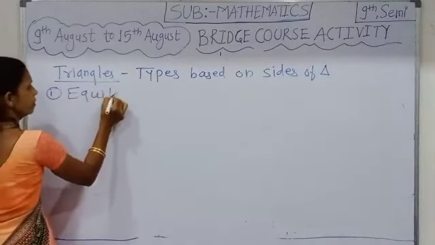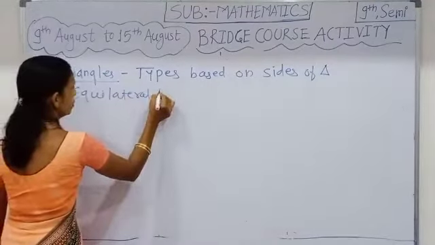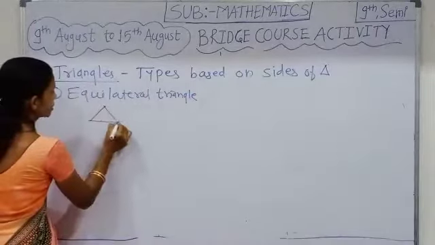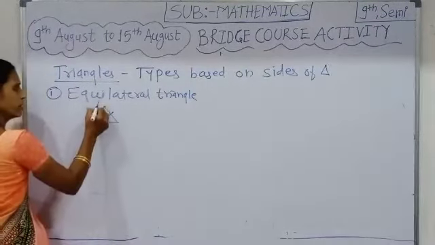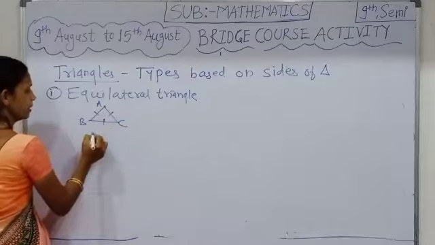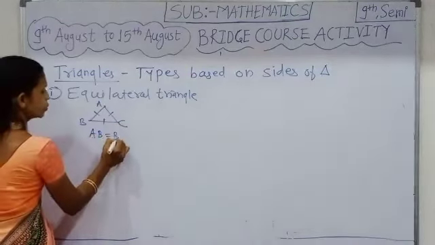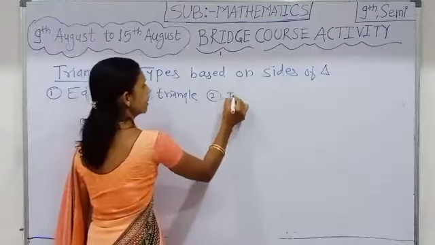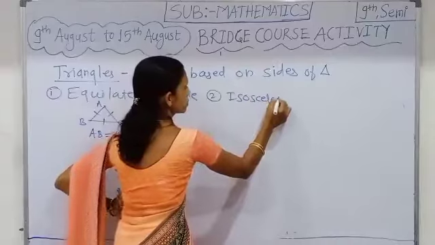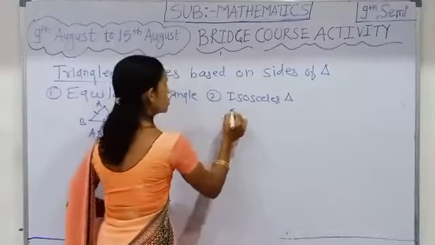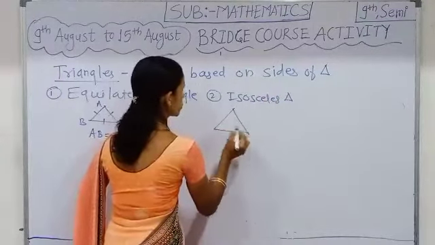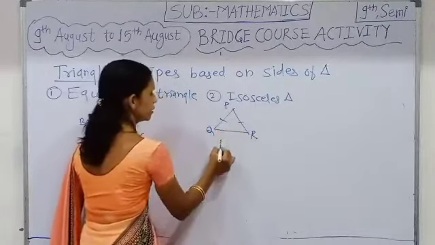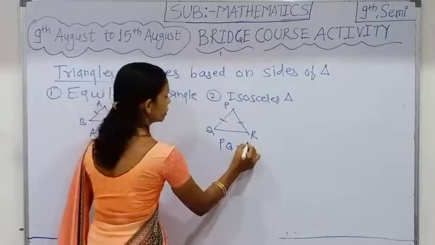Equilateral triangle, in which all three sides are congruent. In triangle ABC, AB equals BC equals AC. Second, isosceles triangle, in which only two sides are congruent, that is here PQ congruent PR.